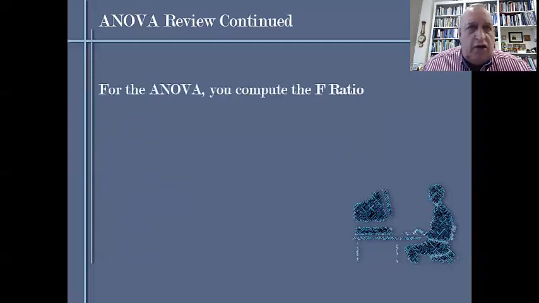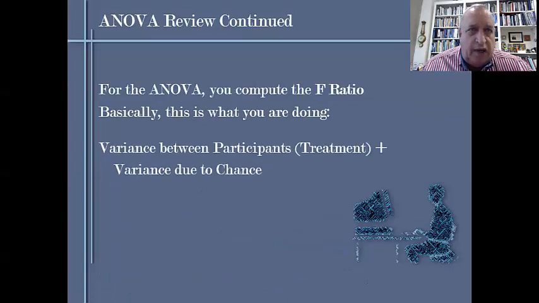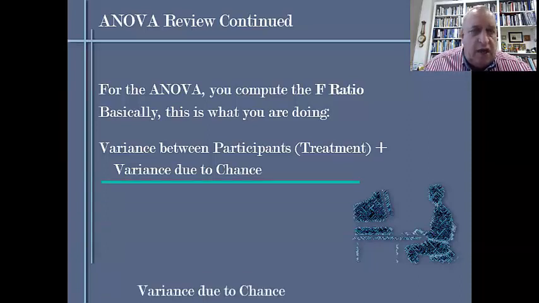For the ANOVA, you compute the F ratio, and basically this is what you're doing. You take the variance between the participants, that is, the difference in their treatment scores, plus the variance due to chance, which is an estimated idea that we come up with, and you divide those by the variance due to chance.